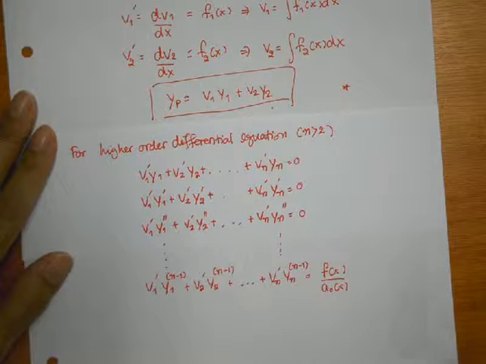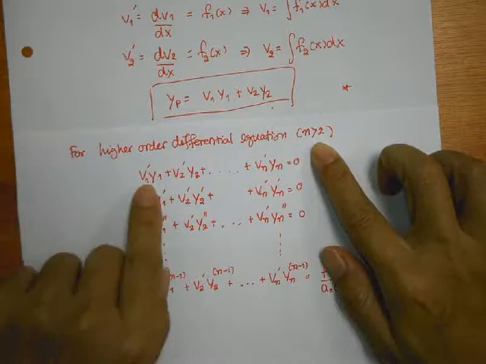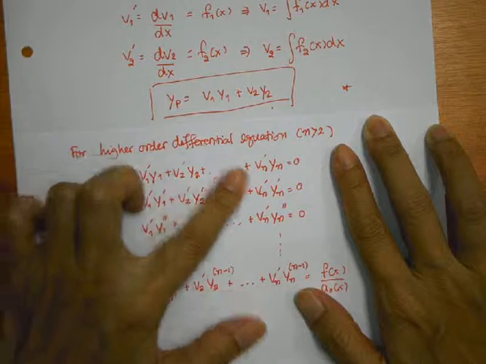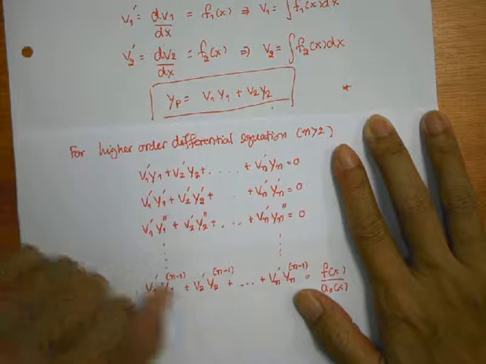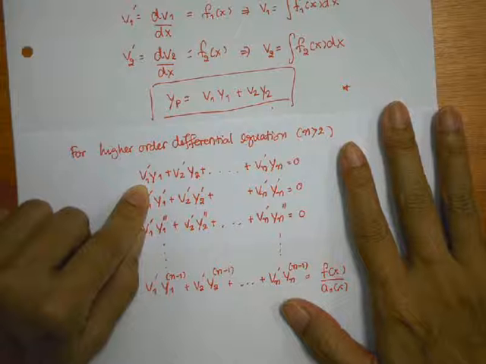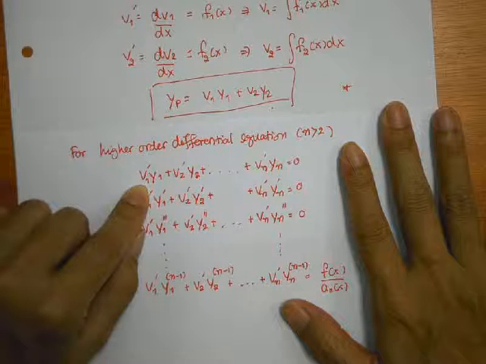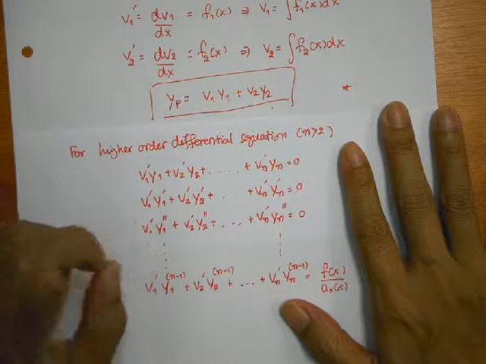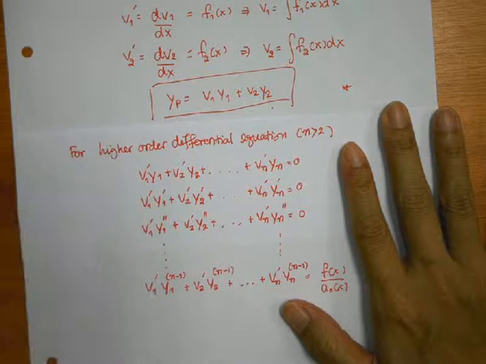Okay, if you have n equal to 3, if you observe the equation right here, you would see that every equation has just the first derivative of your V1 and the first derivative of your V2. If you have an order 3 differential equation, that means you have V3.